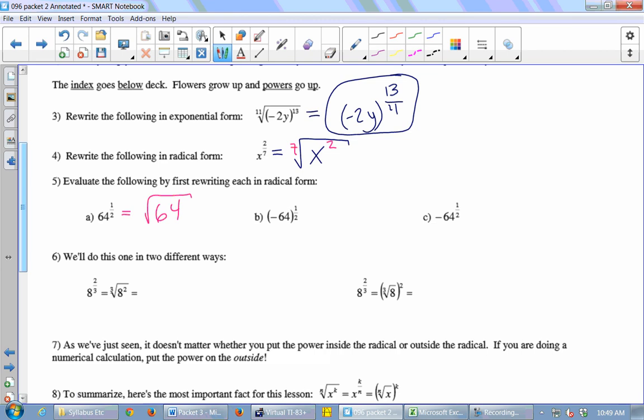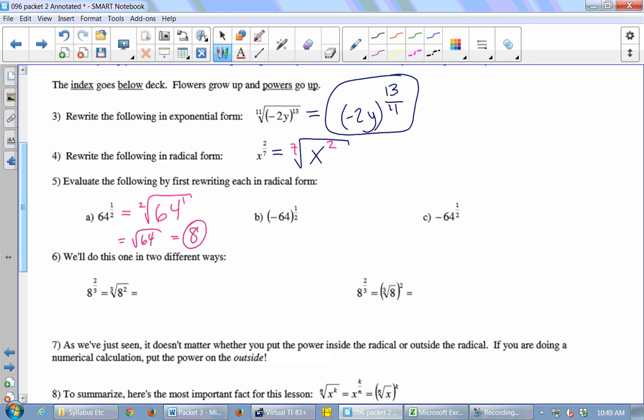You could say on the 64, but 64 to the 1st just means 64. I'll put it there just so you know where it went. And where do I put the 2? Outside. With square roots, you typically don't write it, but you can if you want. It's not wrong. So this says the square root of 64. And what is the square root of 64? 8.